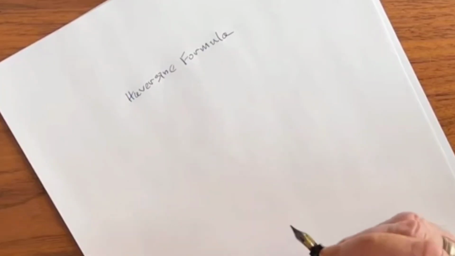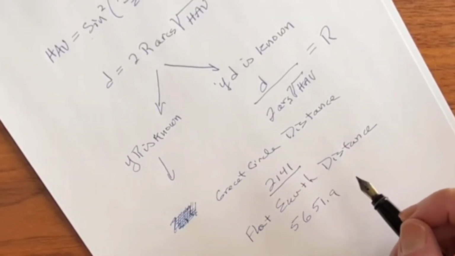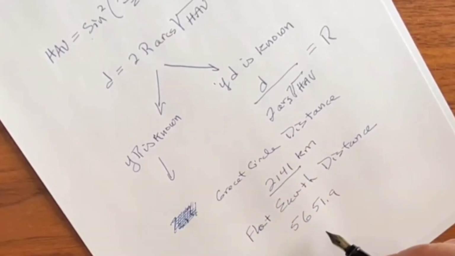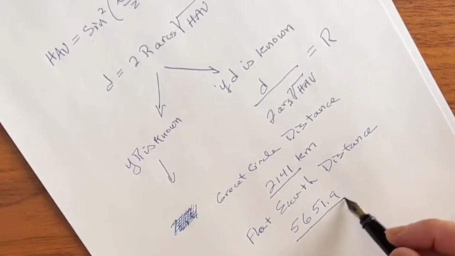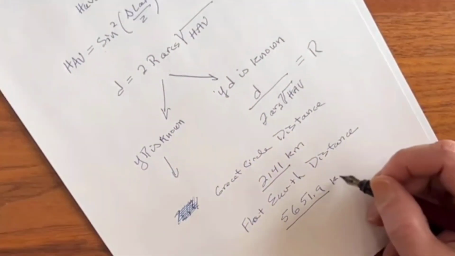Now, on a spherical Earth, the great circle distance should be 2,141 kilometers. We've already calculated the flat Earth distance as 5,651.9 kilometers. So according to Bob, that city right next to Sydney, out to the coast of New Zealand, on a flat Earth has to be 5,600 and something kilometers.